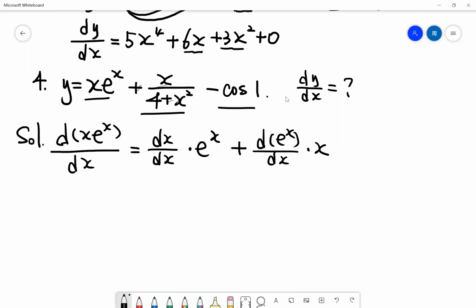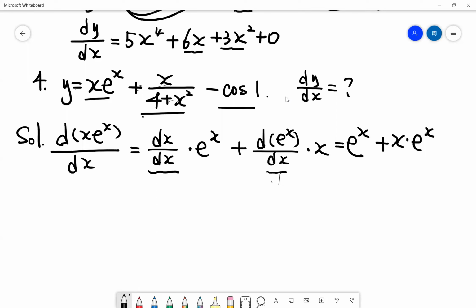So we have that the first here is 1, right? So 1 times e^x also equals e^x. And plus here, d(e^x) by dx equals e^x itself. We have reviewed just now. So plus x times e^x. So here is the result for the first part.